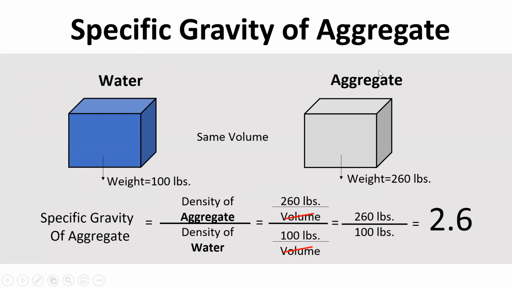So that's a specific gravity of an aggregate. Whenever you say 2.62, 2.60, 2.74, that's what you're communicating when you say the specific gravity of aggregate: how much more that aggregate weighs than water.